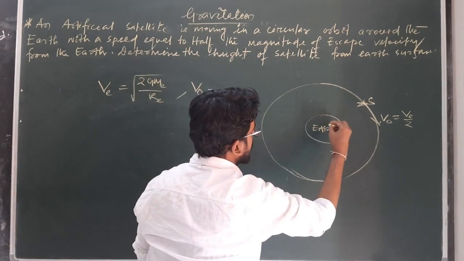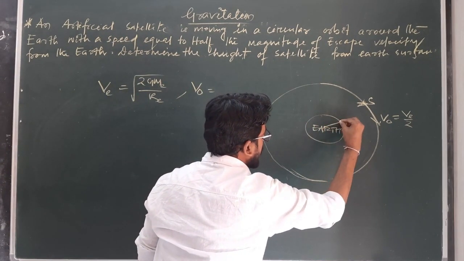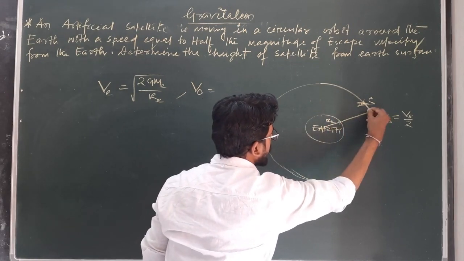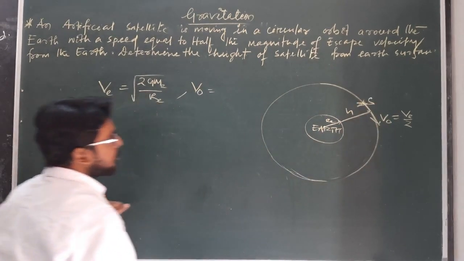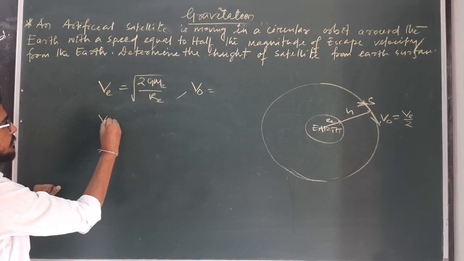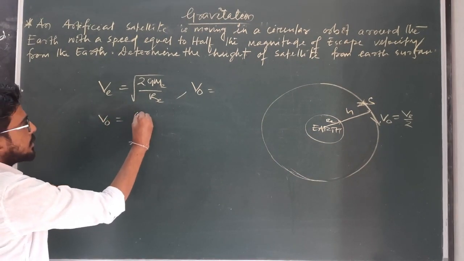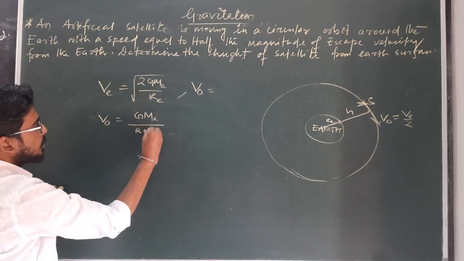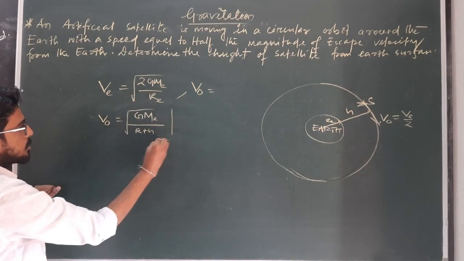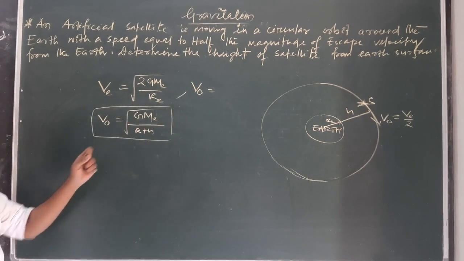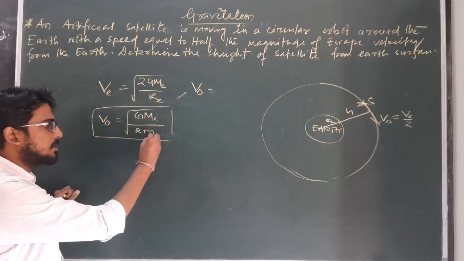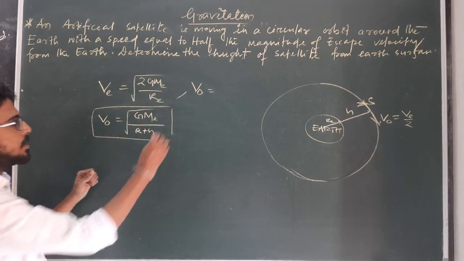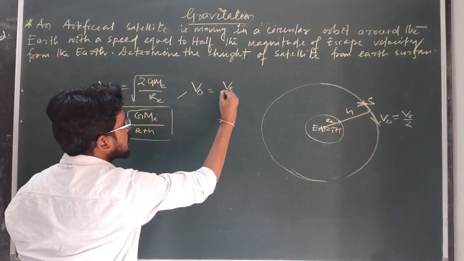If the radius of the earth is Re and the height of the satellite from the surface of earth is h, the orbital velocity v0 will be under root of GMe divided by (Re plus h). This is the expression for orbital velocity of a satellite revolving at a height h from the surface of earth. And according to this question, the orbital velocity v0 is half of the escape velocity.